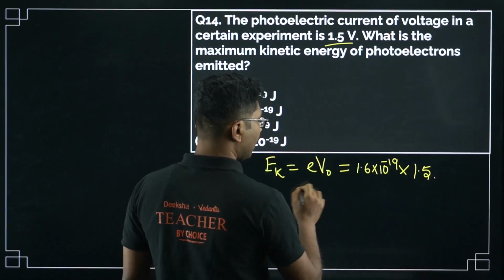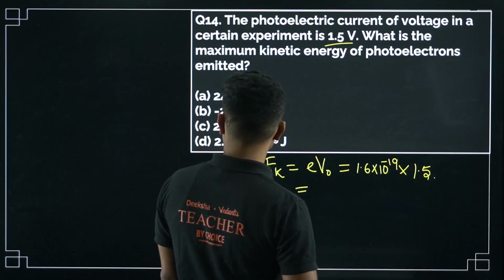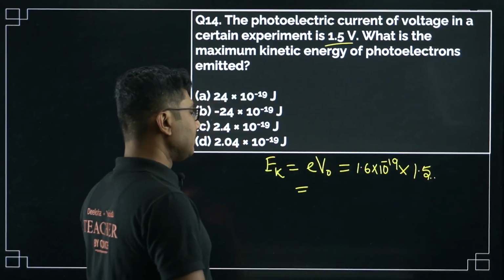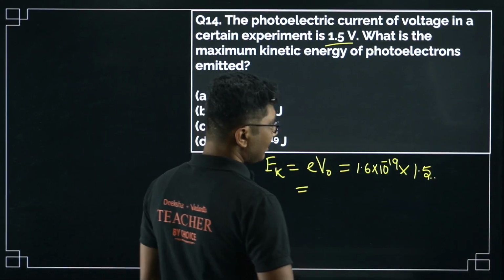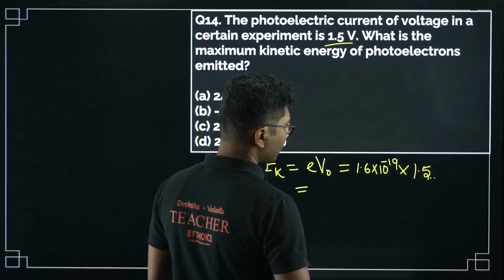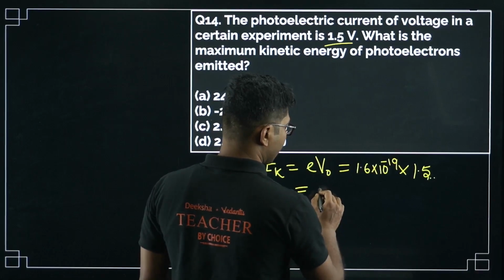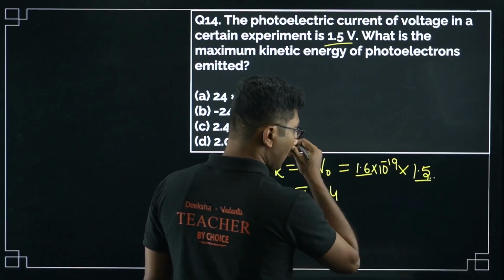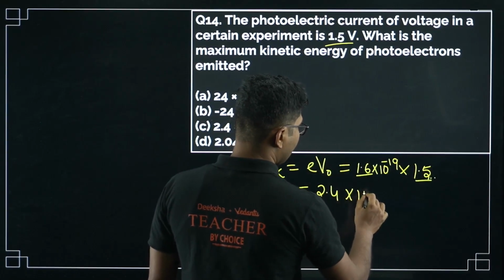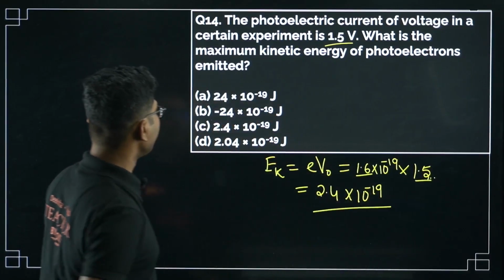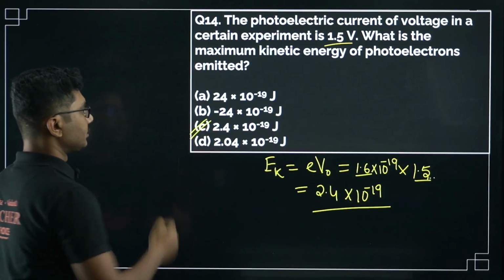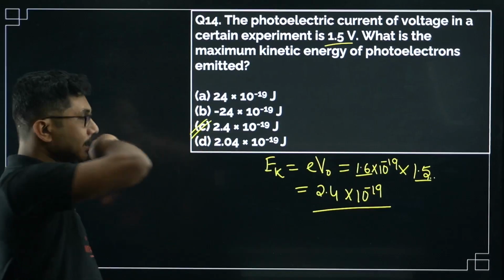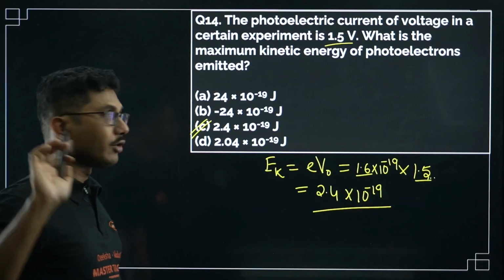If you multiply 16 into 15, it will be 240, that is 2.4 into 10 to the power of minus 19 joules. Remember that kinetic energy cannot be negative. Kinetic energy is always positive.